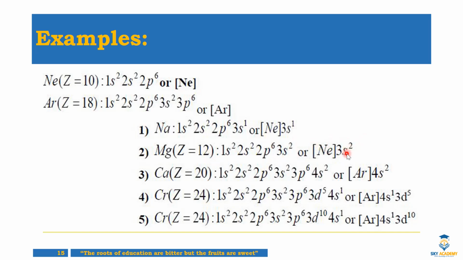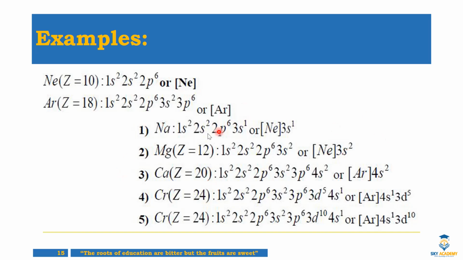In fact, to write the noble gas notation, first of all we need to know the expanded notation. If you don't know expanded notation, how can you know noble gas notation? It might be hard for you.